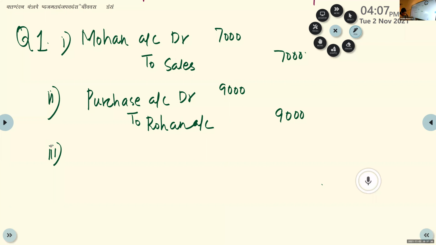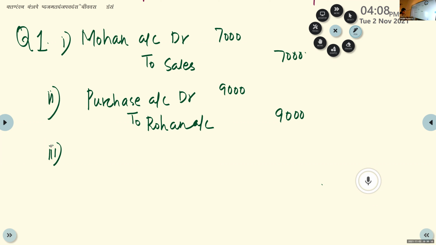So it is not purchase, it is purchase returns. We are returning it to Rakesh. If you want to return something to Rakesh, that means you have purchased something from Rakesh. Correct? The business has purchased something from Rakesh. That's why we are returning it to Rakesh. So it is purchase returns.